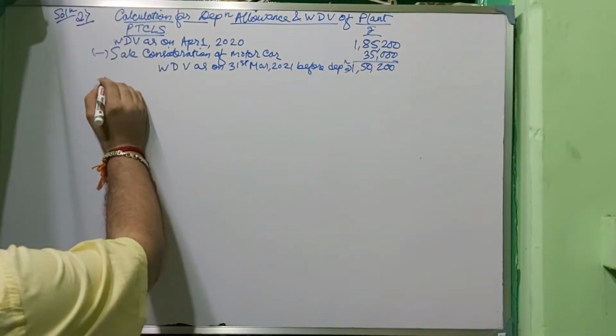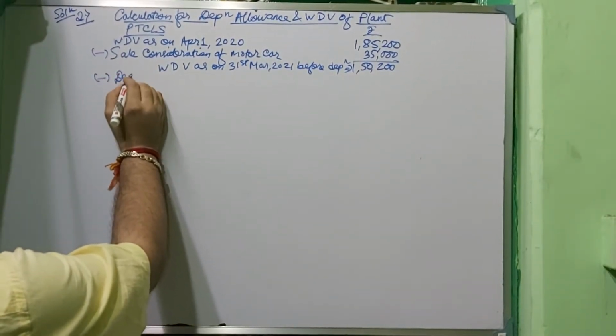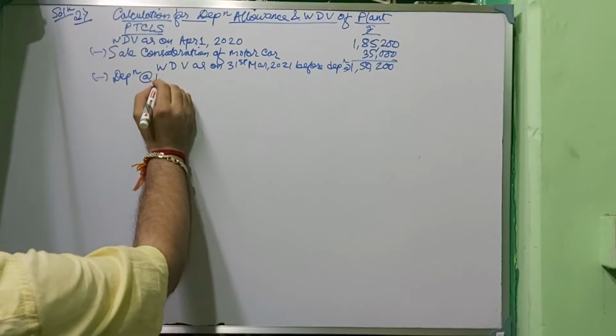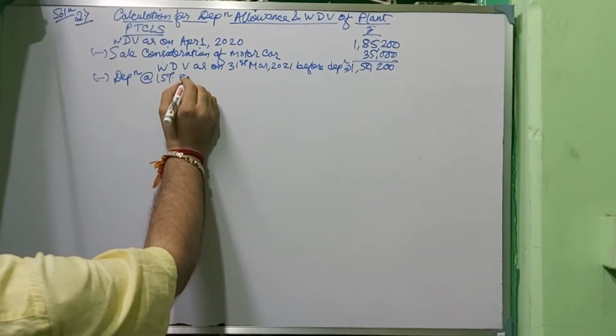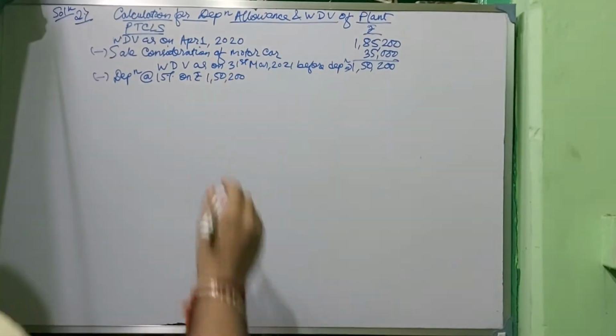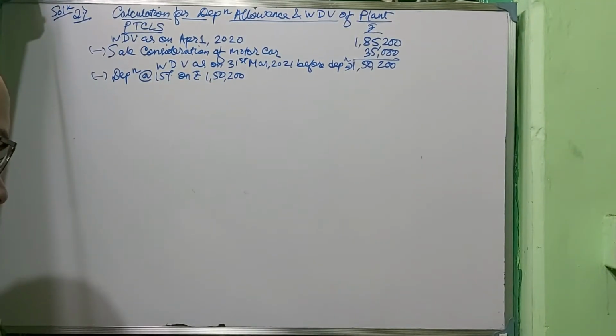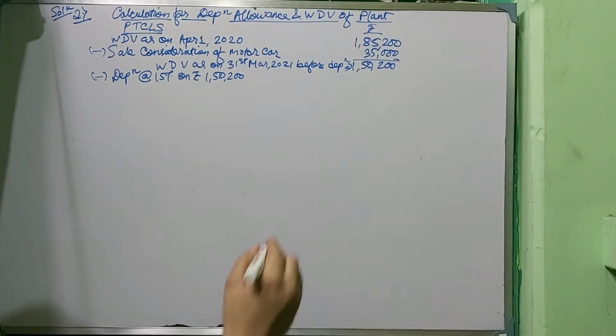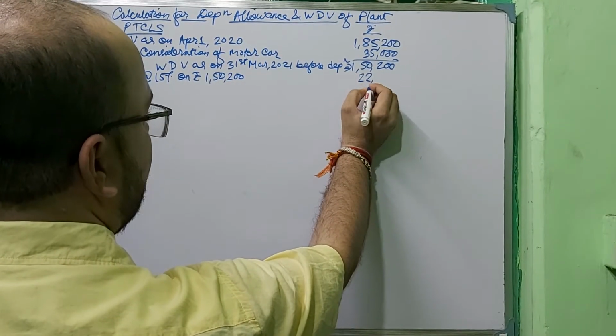the rate will be 15% in this case. So less depreciation at the rate of 15% on rupees 1,50,200. If you calculate 1,50,200 into 15%, it is 22,530. It is your depreciation allowance.